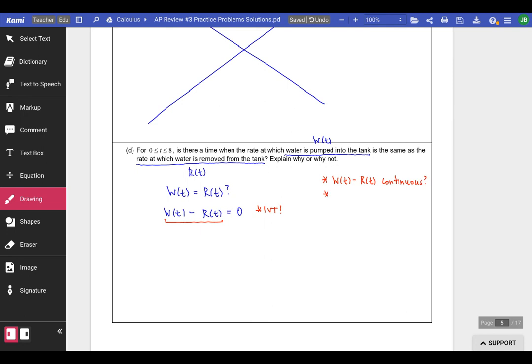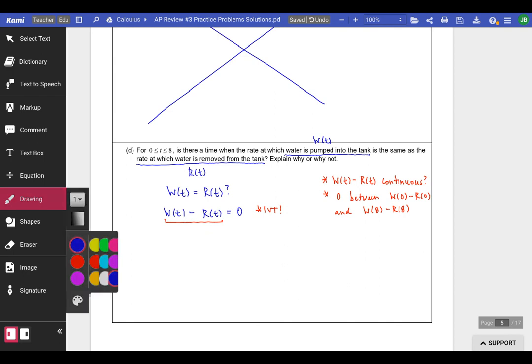And then I need to know, is 0 between the values W of 0 minus R of 0 and W of 8 minus R of 8, the function values at those endpoints? If that function's continuous and 0 is between the function values at those endpoints, then we're good to go with IVT. So let's take a look and see what we know.